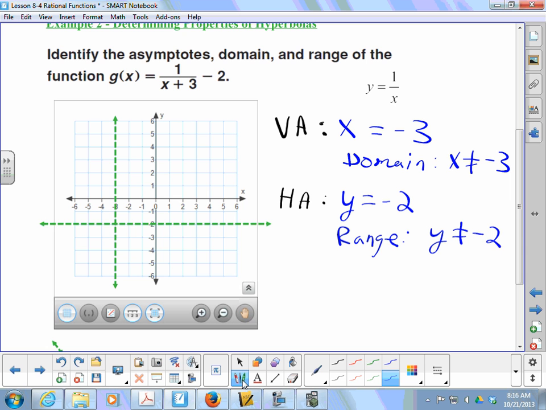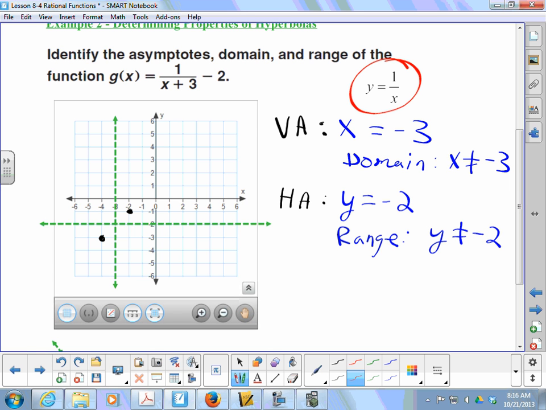Right? So when I draw my graph in here, I'm going to have this point here and this point here. Now, all I'm doing is taking this graph here and moving it 3 units to the left and 2 units down.